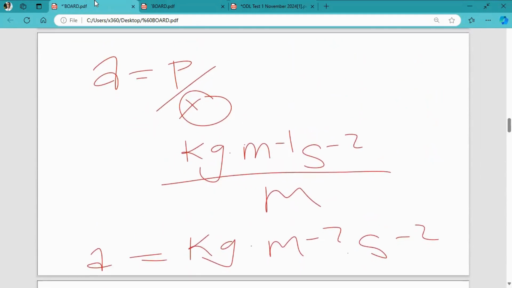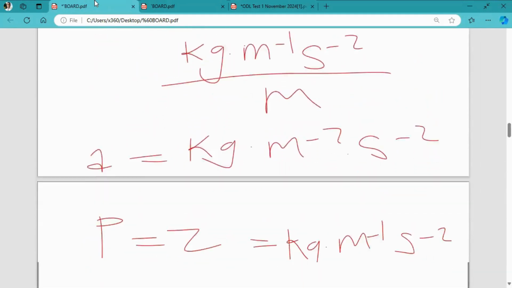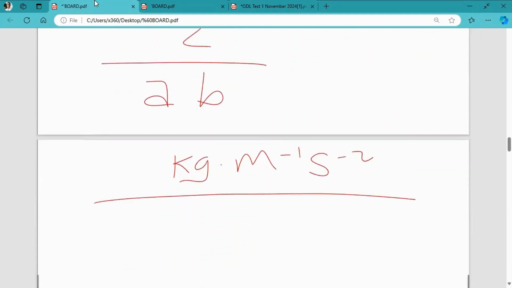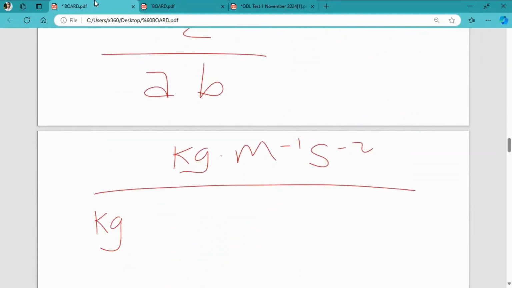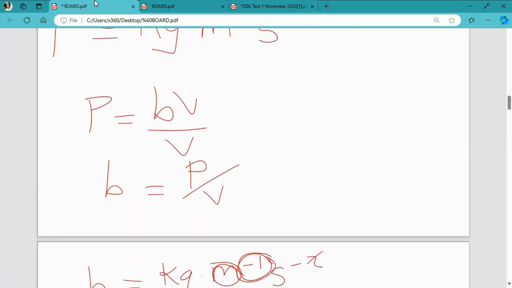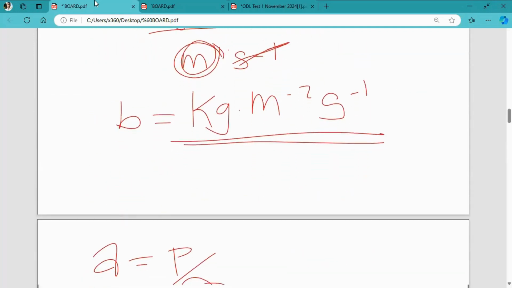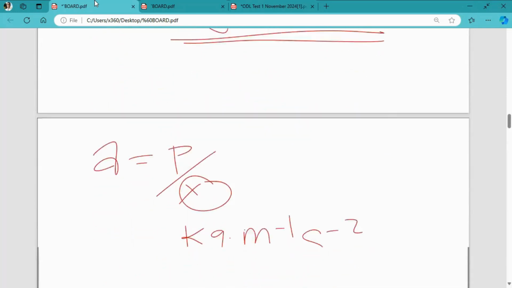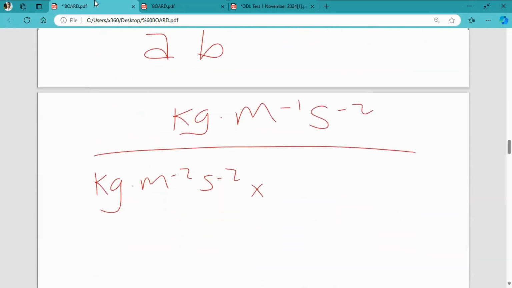Now I'm wondering how A, oh no, A is kg, okay, so it is kg meter power minus 2 s power minus 2, multiplied by, what were the dimensions of B? B was equal to kg meter power minus 2 second power minus 1.